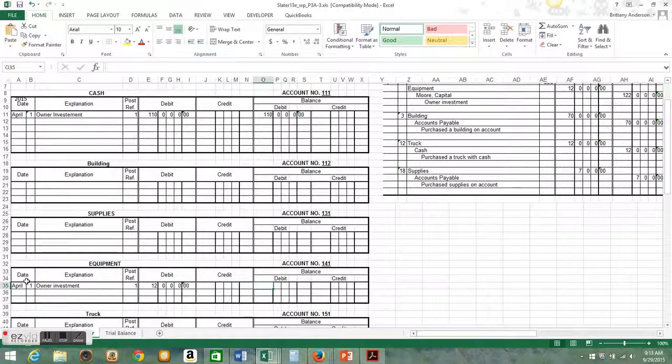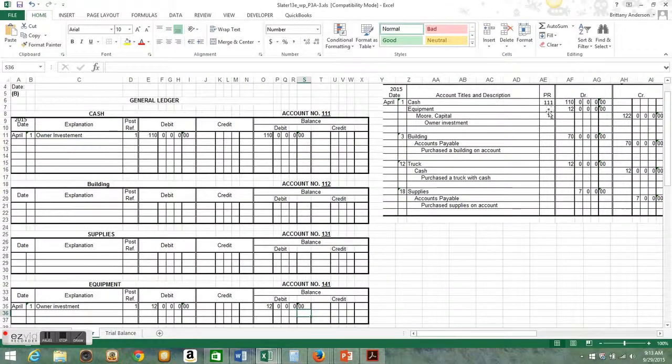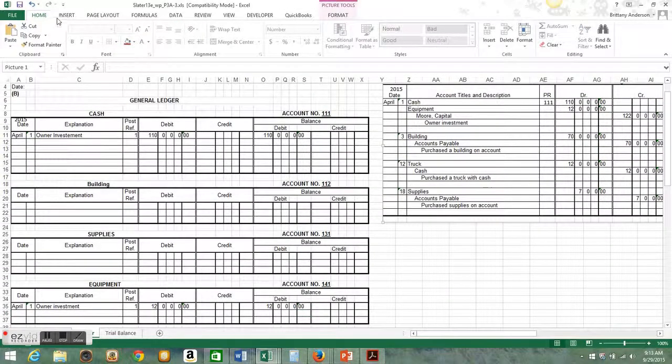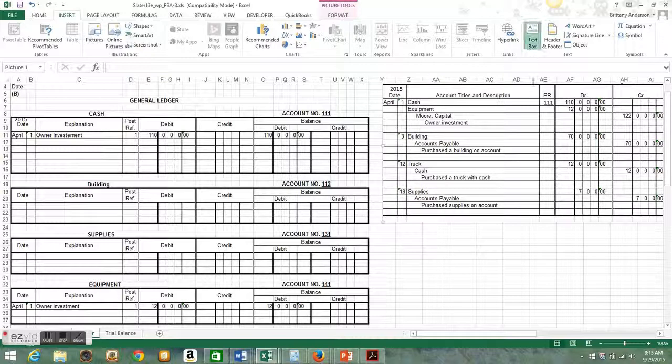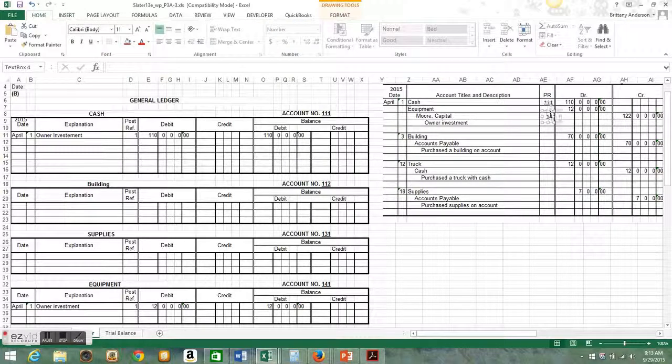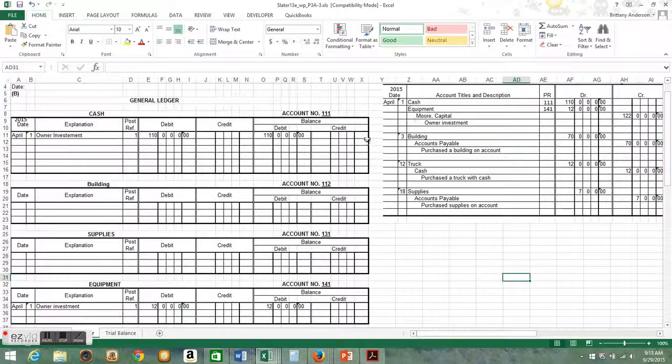So that way, if anybody pulled this ledger, they would know that the owner invested $12,000 in equipment. So now we have both sides of the debit posted. We need to indicate your account number here. So that was 141, and you will just be able to type right into your journal. I copied it so that you could see this all in one page.